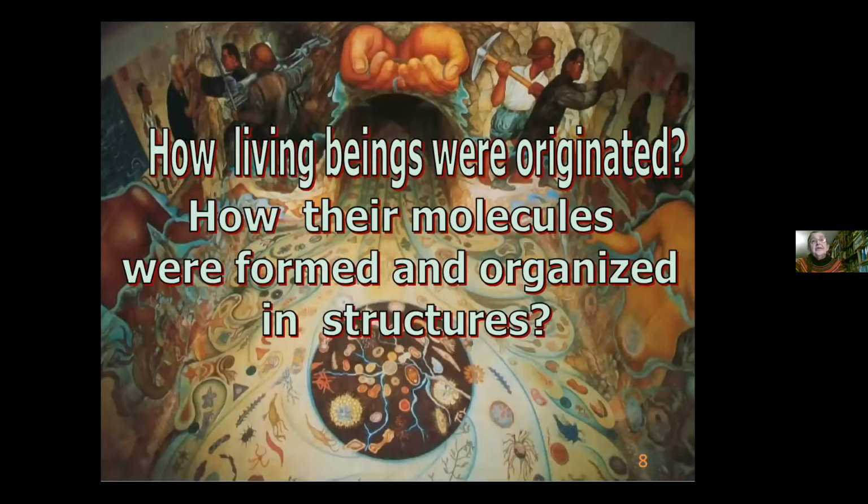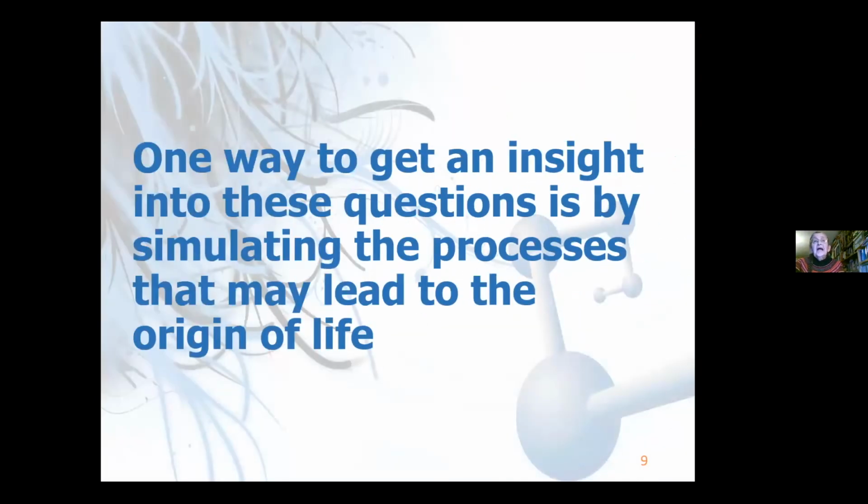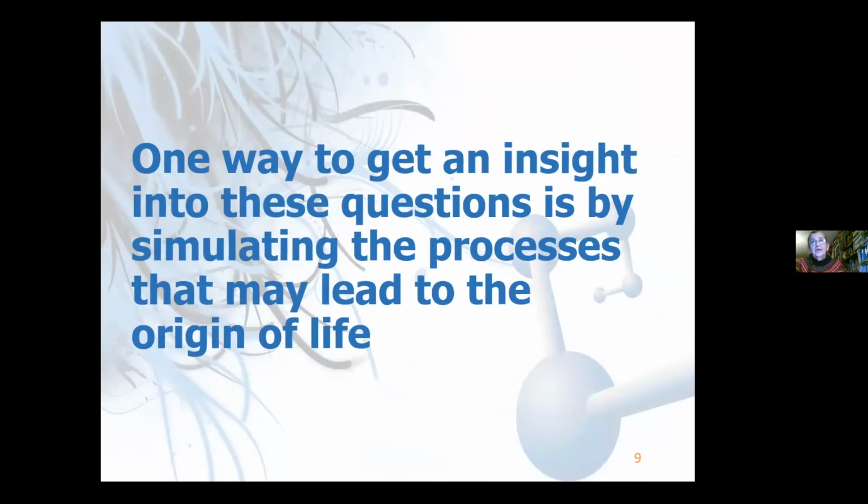So how were living beings originated, how were their molecules formed and organized in structures? One way to get an insight into this question is by simulating the processes that may lead to the origin of life.